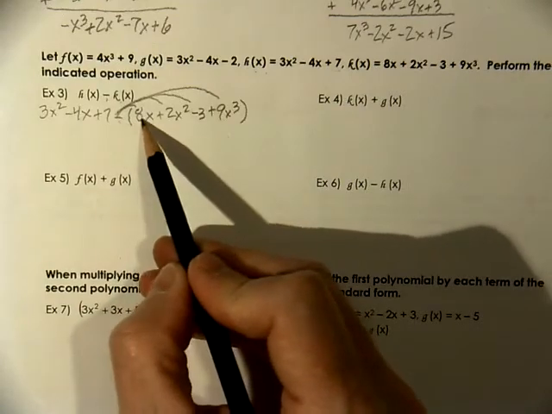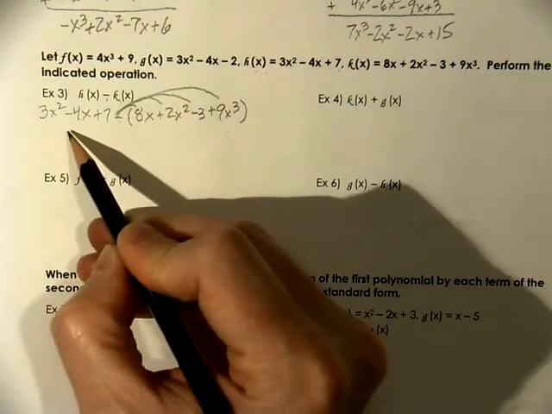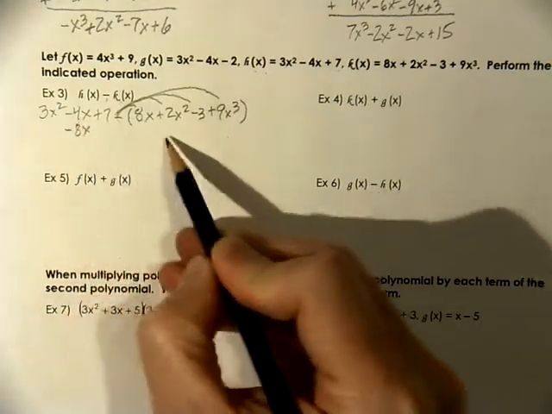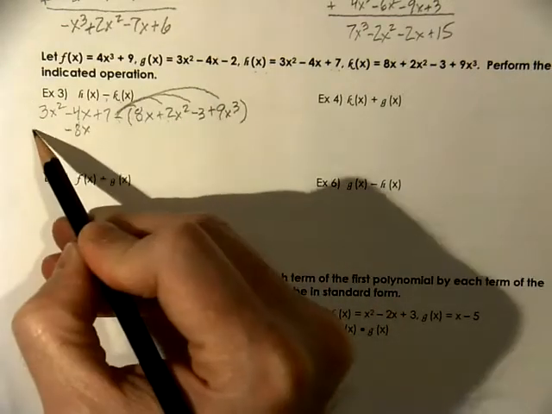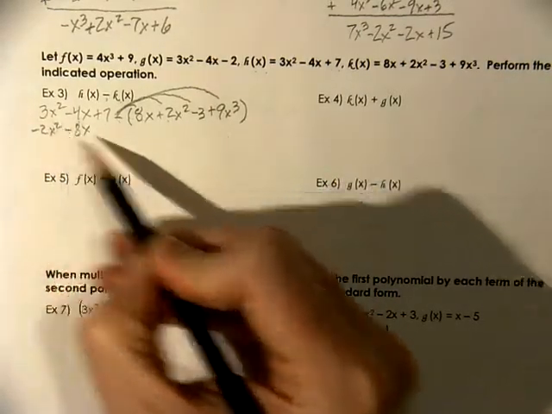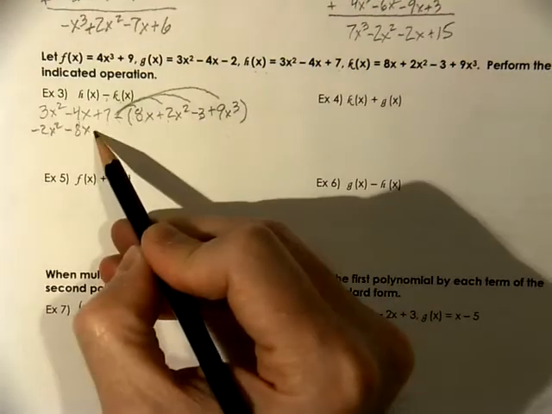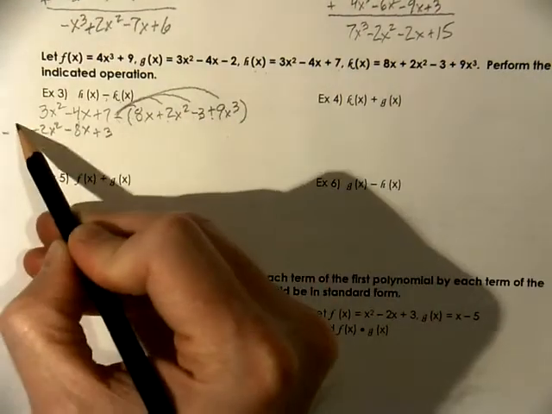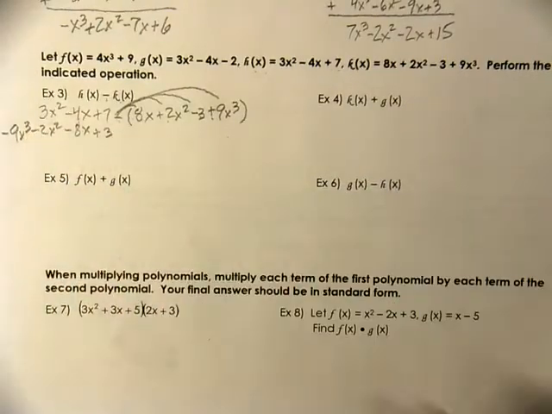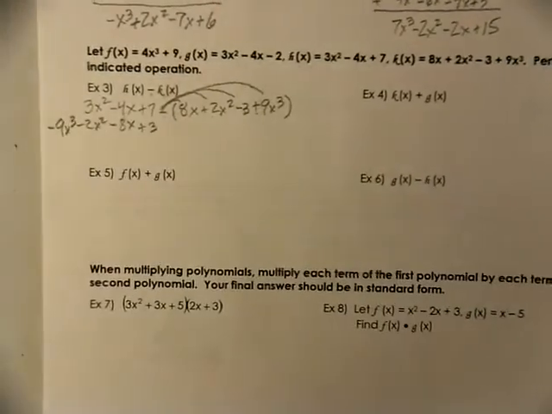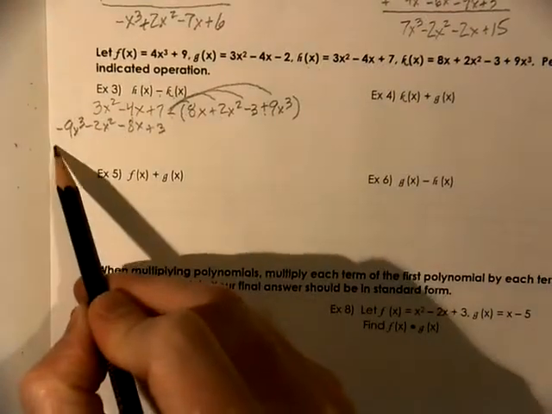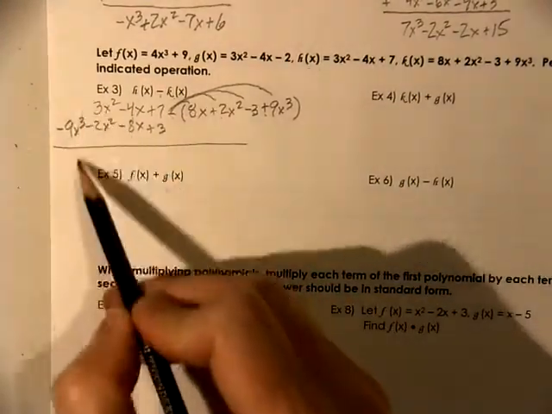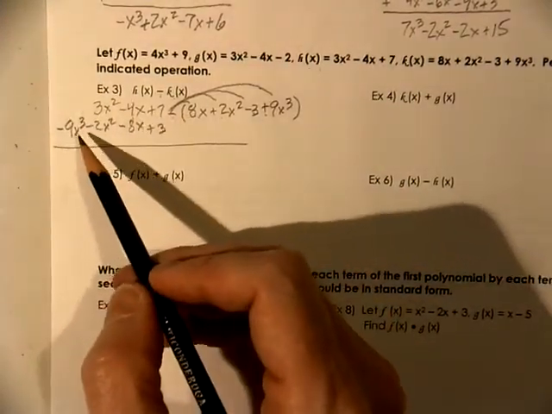So I have a negative 8x now, and a negative 2x squared, and a positive 3, and a negative 9x cubed. Then we're adding these two rows together.